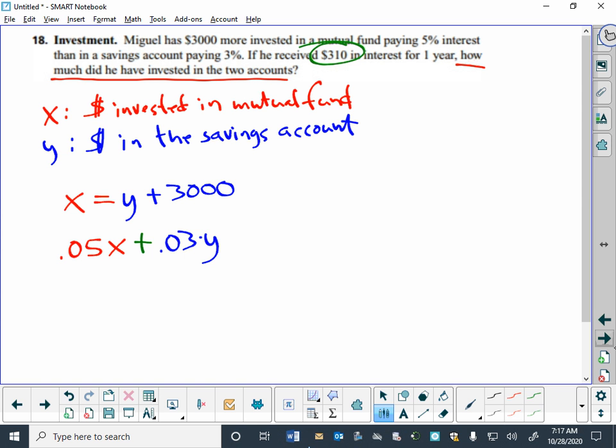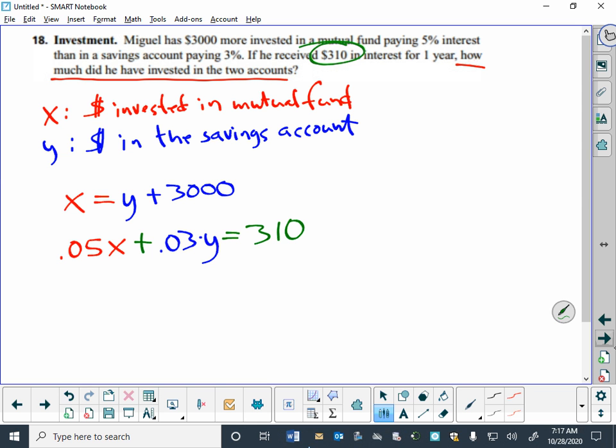And those two things together account for, so this 0.05x is interest earned from mutual fund, that's dollars. 0.03y is interest earned from the savings account, that's also dollars, and that's where this $310 came from that he earned in that 1 year. So here are my two equations.